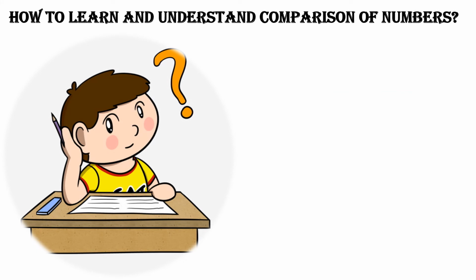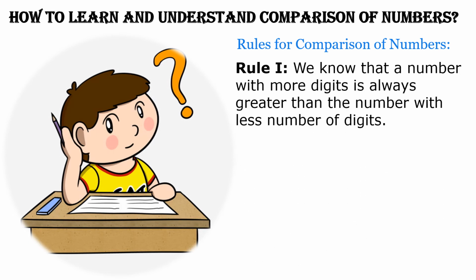How to learn and understand comparison of numbers, for which I have 2 rules, which will make comparison of numbers really very easy. Let's see those 2 rules. Rule number 1. We know that a number with more digits is always greater than the number with less number of digits.